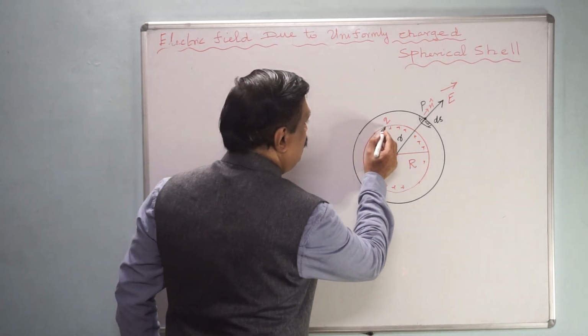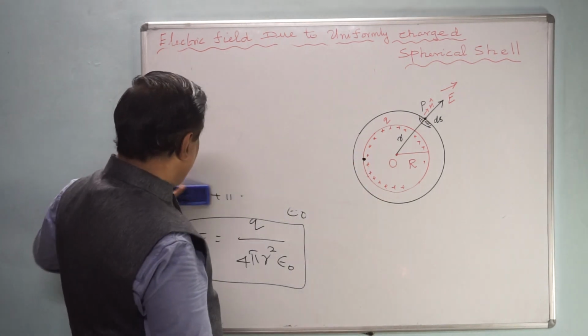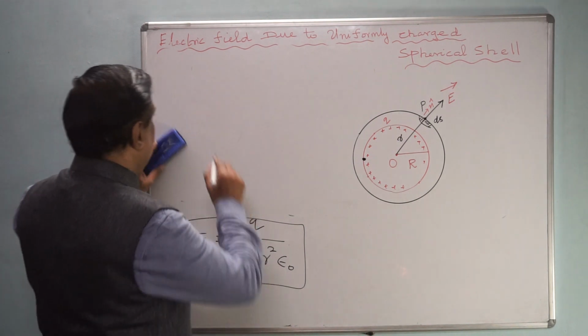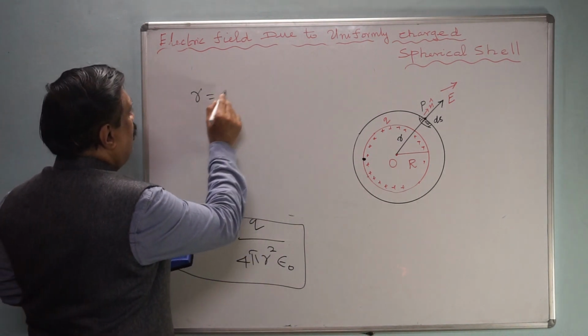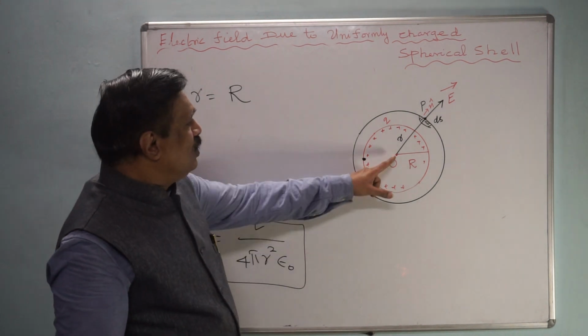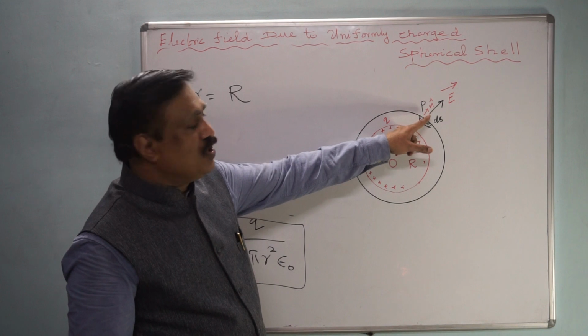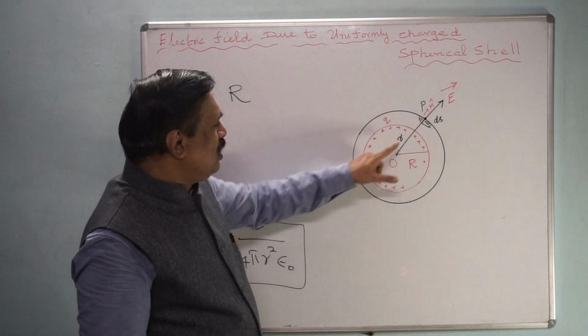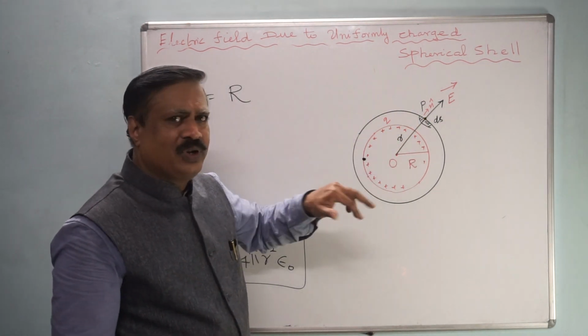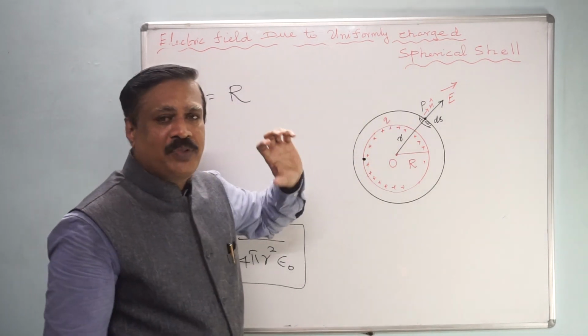That means at this point. Then what will happen in this equation? Your small r becomes capital R. Because here the point is at distance small r, and now this point is coming here. Don't worry, both are the same.